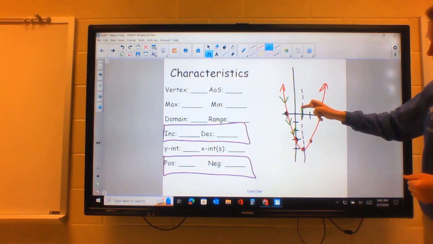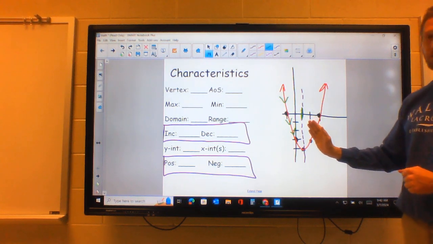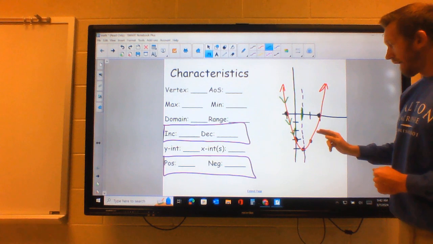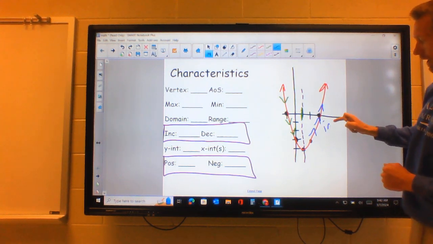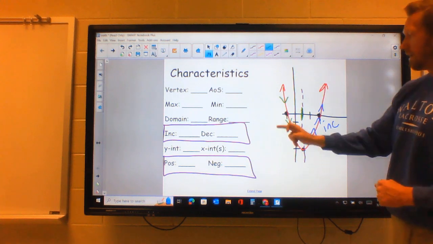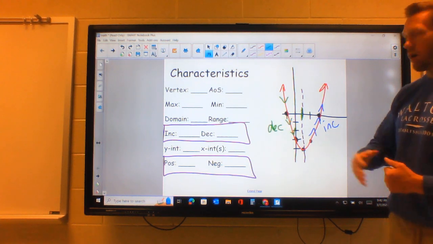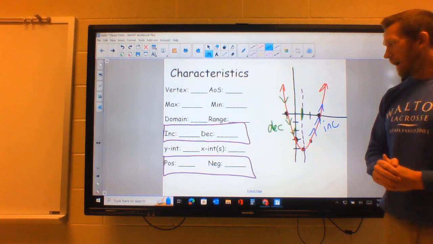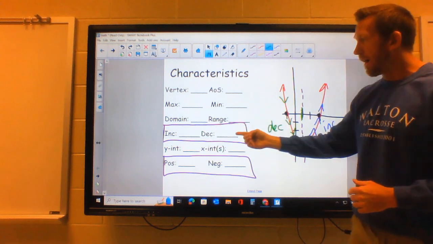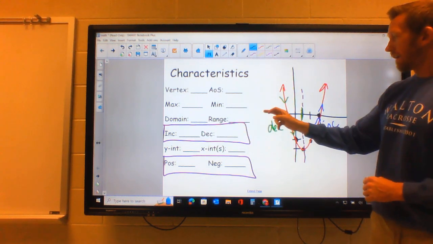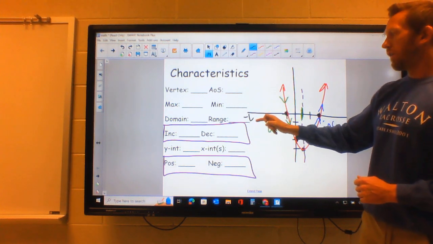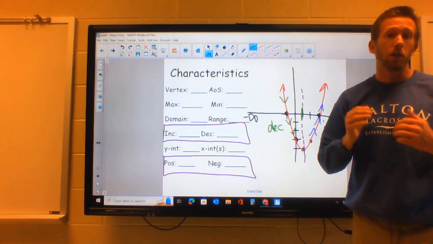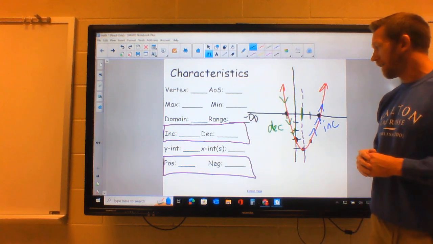Then at this x location of the axis of symmetry, it's going to change directions, and then it's going to start to go up again. So this is clearly our increasing region on the right, and this is our decreasing interval on the left, all right? And we're just looking at x values for this region, meaning we start all the way over here on the furthest x value, at negative infinity.